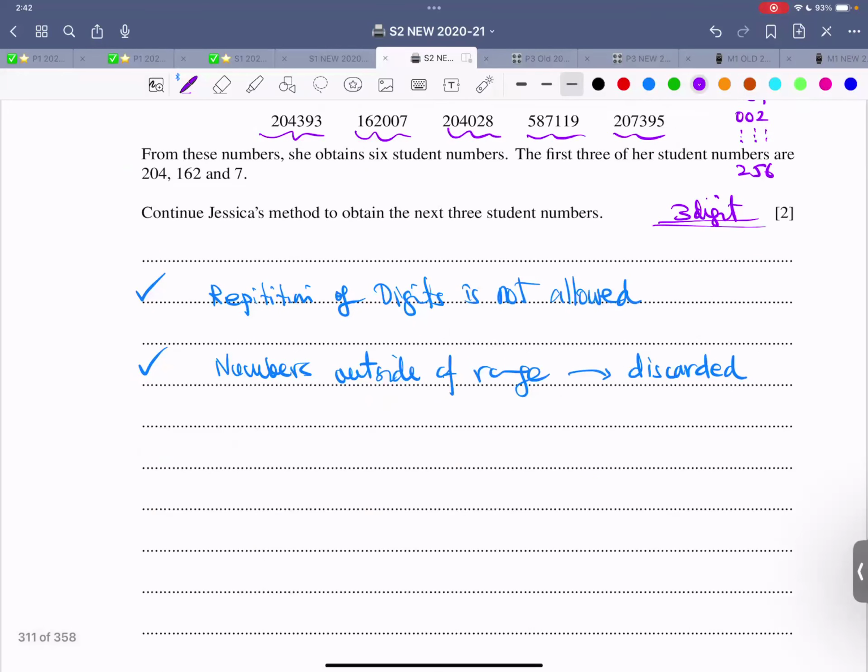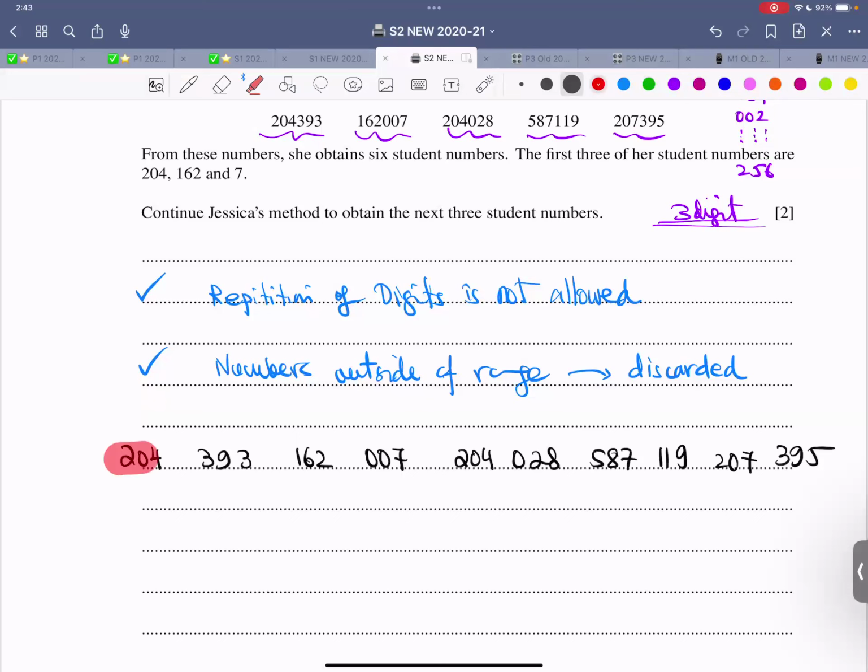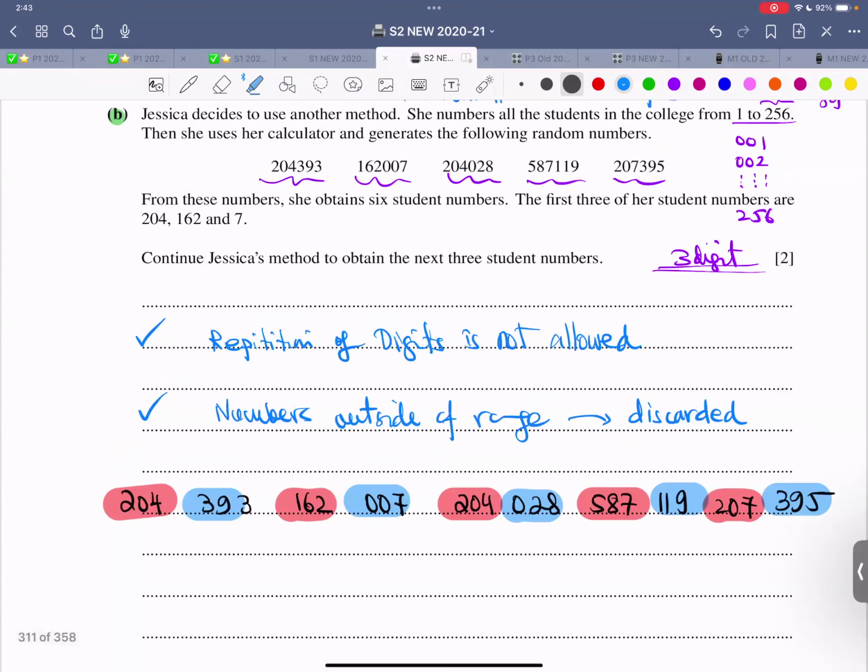So let me write this down: 204 393 162 007 204 028 587 119 207 395. So basically what I've done is 1, 2, 3, 4, 5 and alternately 1, 2, 3, 4, 5. That's how these numbers are broken.